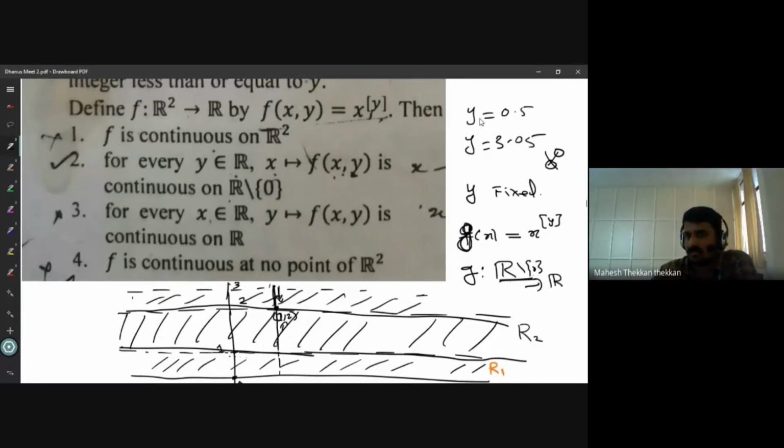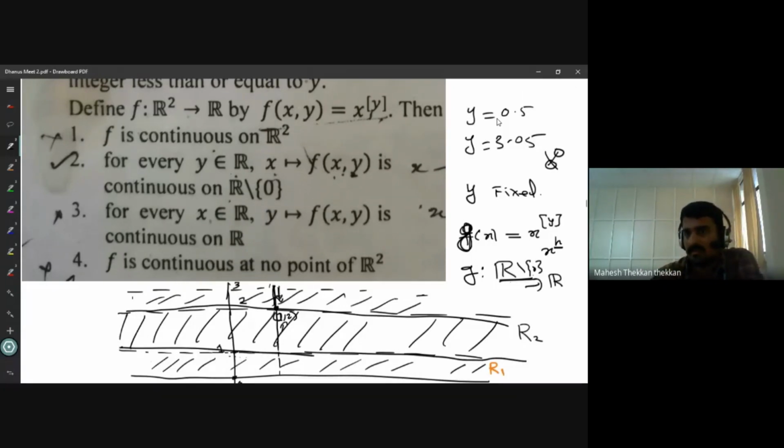So for each fixed y, my function is g of x is x power this, so this is a polynomial in x. There may be some integer value here, so it should be something like x power n, n is an integer, and that happens to be a continuous function.